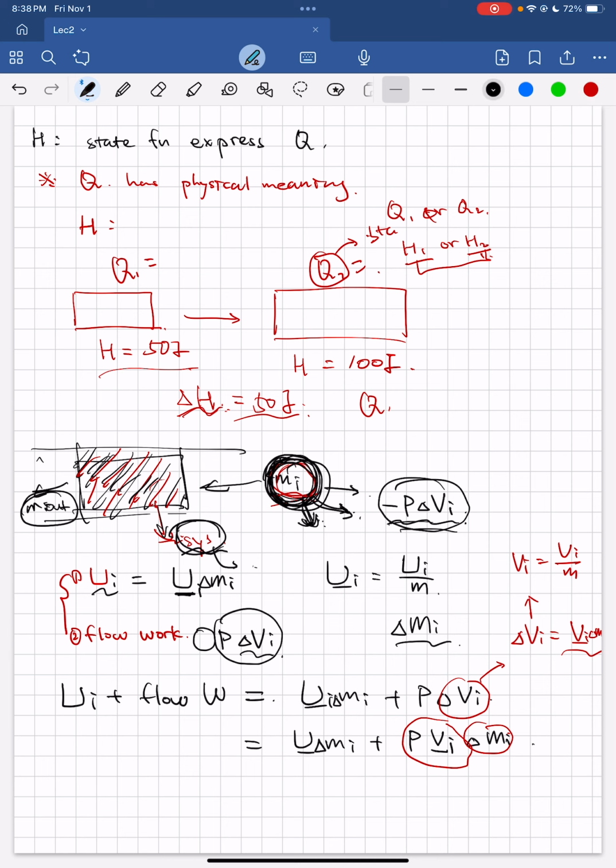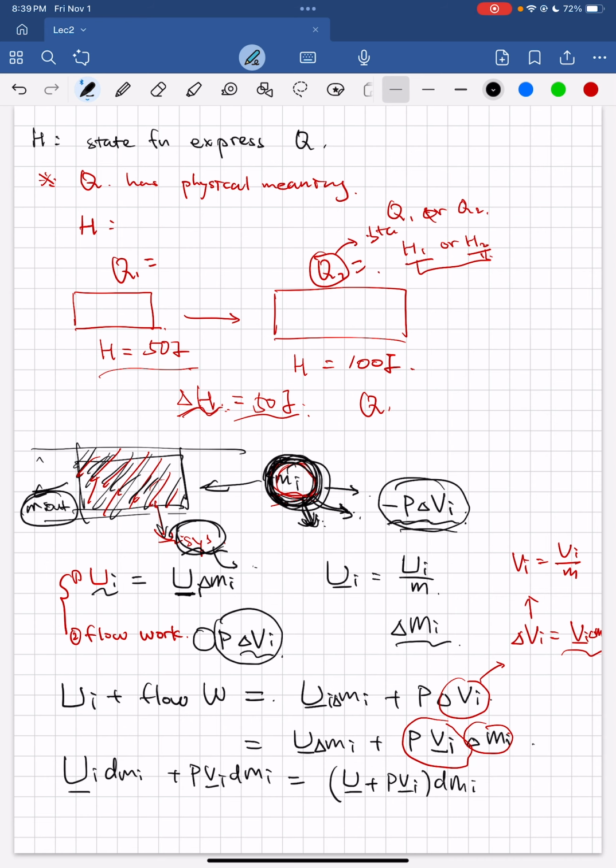So for an infinitesimal amount of particle coming in, it should be like this: ui dmi plus P vi dmi, and we get the dmi out, which is this. Looks familiar, right?